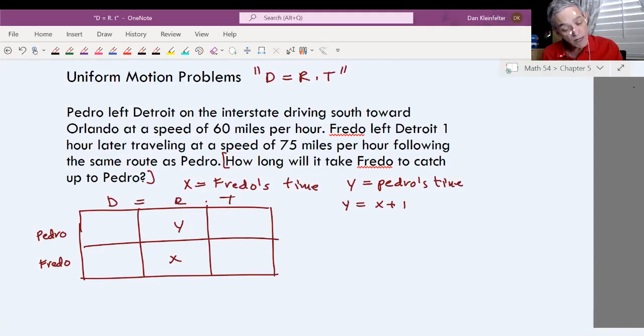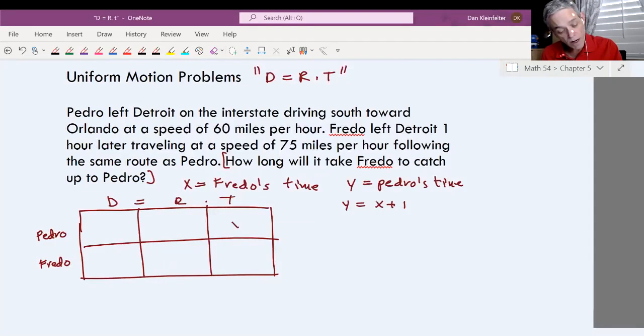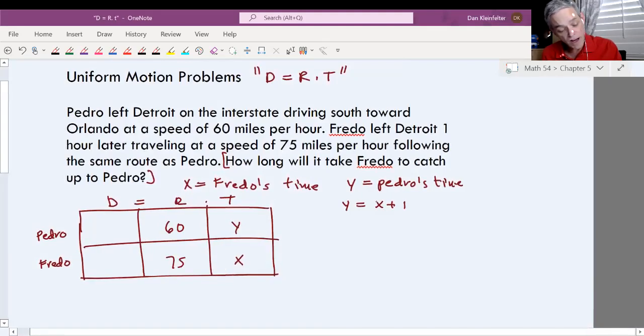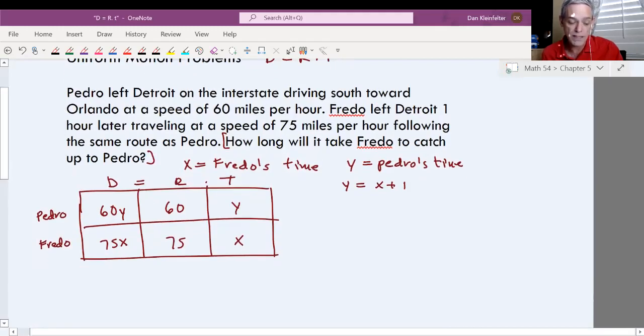Okay, so then Pedro's time, I got those in the wrong place. So Pedro's time was y and Fredo's time was x. Pedro goes 60 miles an hour. Fredo goes 75. And then since distance equals rate times time, we're able to fill out the distance column as a product of rate and time.